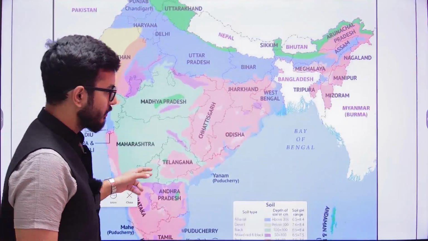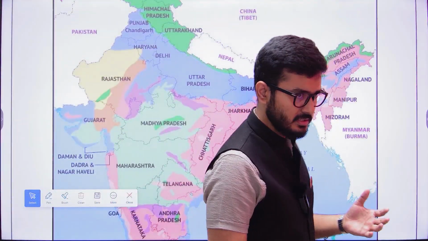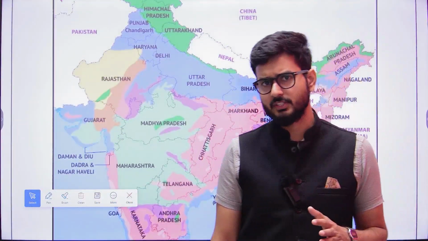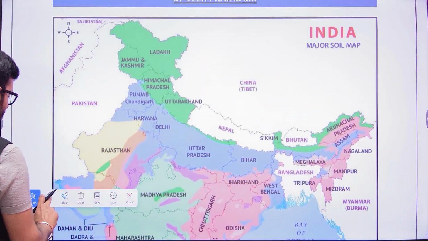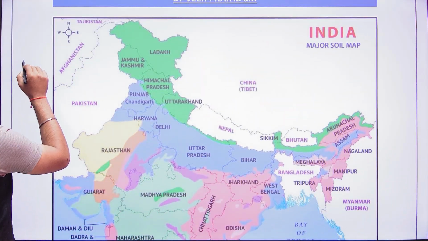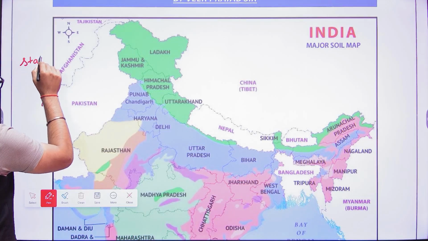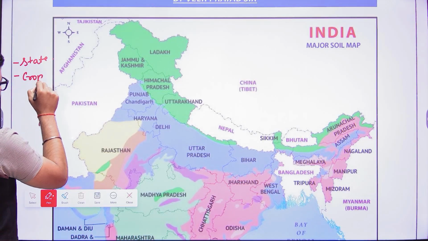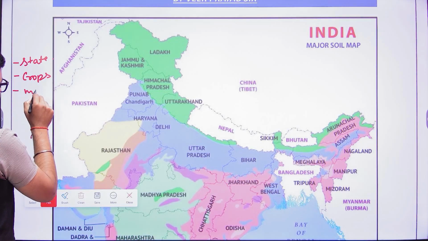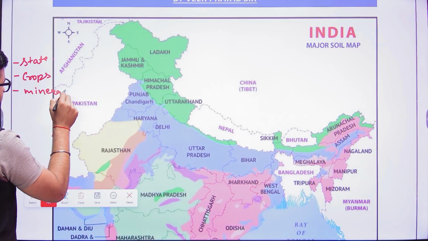Now, my dear friends, when we talk about soils, they are very much relevant for your examination, because the examination shall ask you which state has which type of soil. Apart from that, what crops can be grown on that soil? What is the mineral composition of that soil?